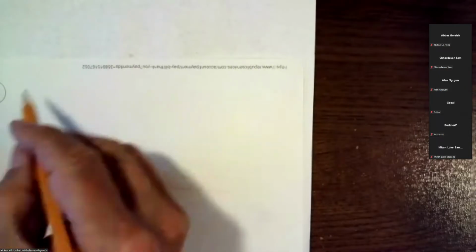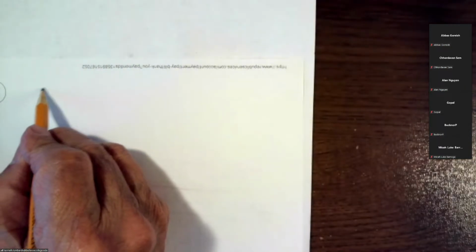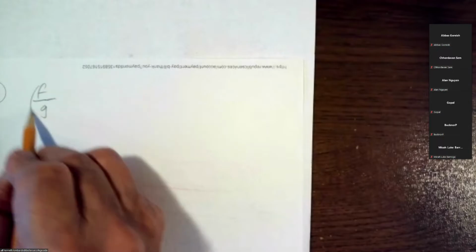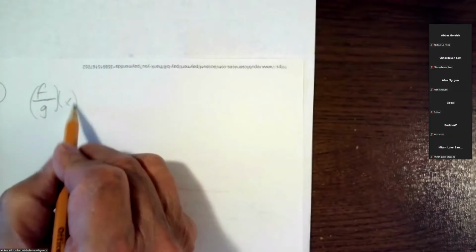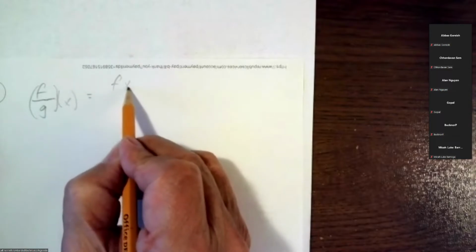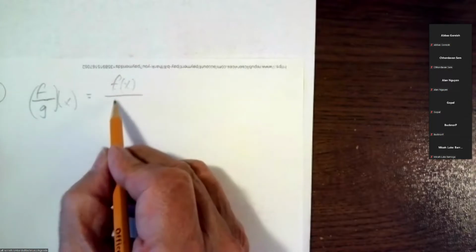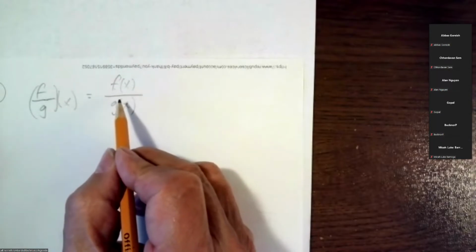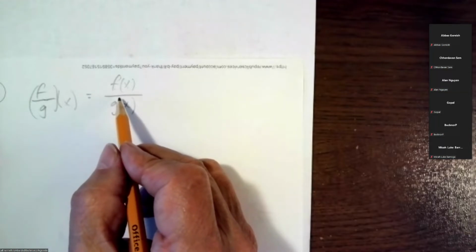Okay, good. And let's see, do I have room on this page? I guess I do. Let's say I have f divided by g of x. And we say that's the same as f evaluated at x over g evaluated at x.